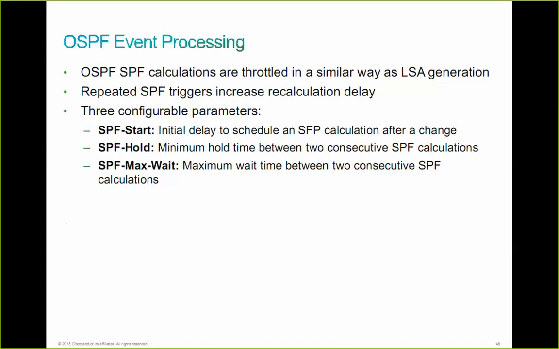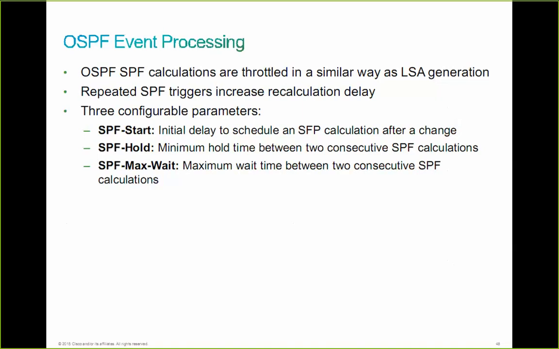If your topology is constantly changing because of a repetitive fault, maybe a flapping link or faulty connectors or whatever, running the SPF algorithm over and over again would really just be useless and wasted resources, right? You really wouldn't need to do that on the router because that event is occurring over and over again.